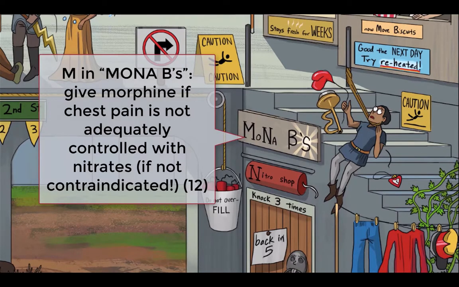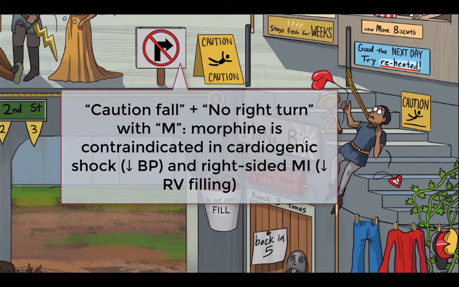Next, the M in Mona B. In some patients, you might consider giving morphine. Morphine decreases anxiety and pain, which reduces sympathetic activation of the heart and therefore lowers myocardial oxygen demand. However, because morphine can cause a drop in blood pressure, the warning signs up here apply to morphine as well.